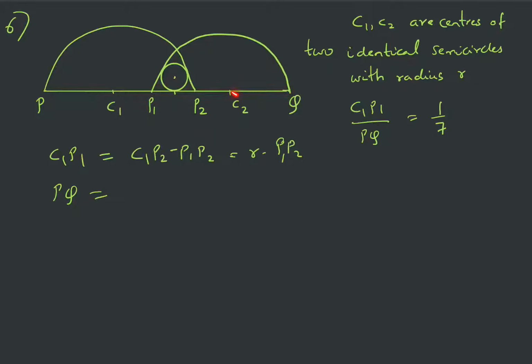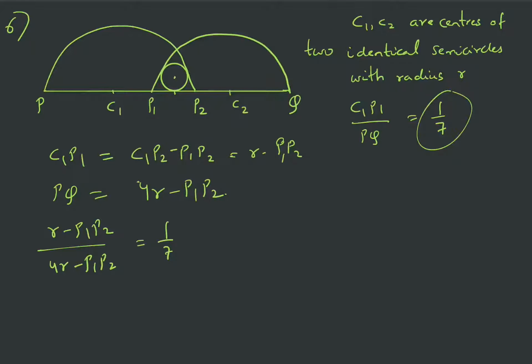So if you add all these r's, you can see that P1 P2 is getting added twice. So it is r plus r plus r plus r, that is 4r minus P1 P2. Okay, so PQ is 4r minus P1 P2. Now the ratio is 1/7, so r minus P1 P2 by 4r minus P1 P2 is 1/7, and if you just simplify this, you will get P1 P2 as r/2.